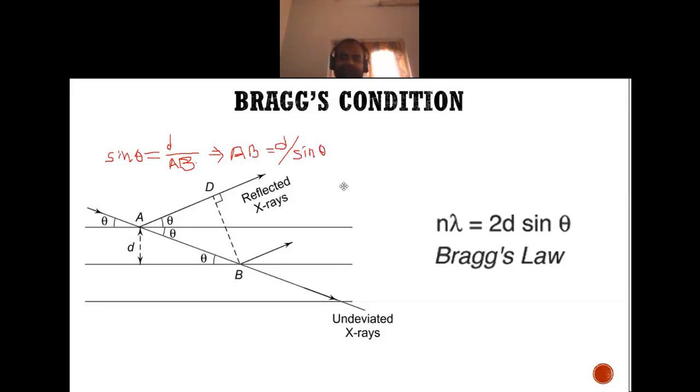Sorry, sin theta is d over AB, so AB is d over sin theta. Okay, so now AD, what is AD that we have to find out?